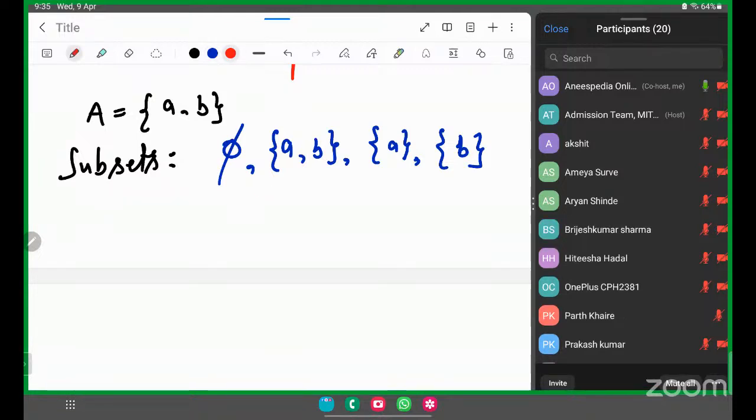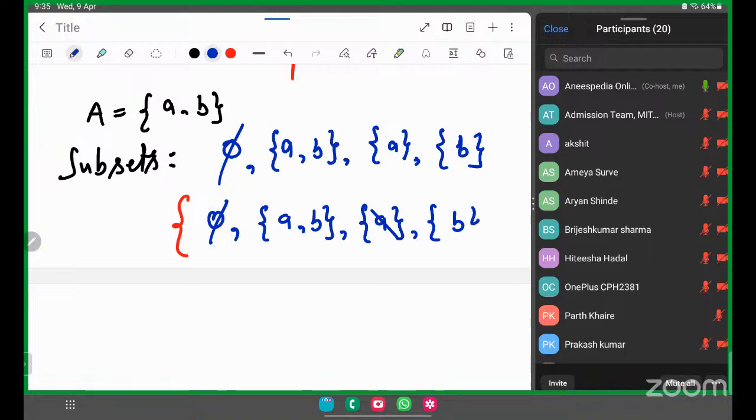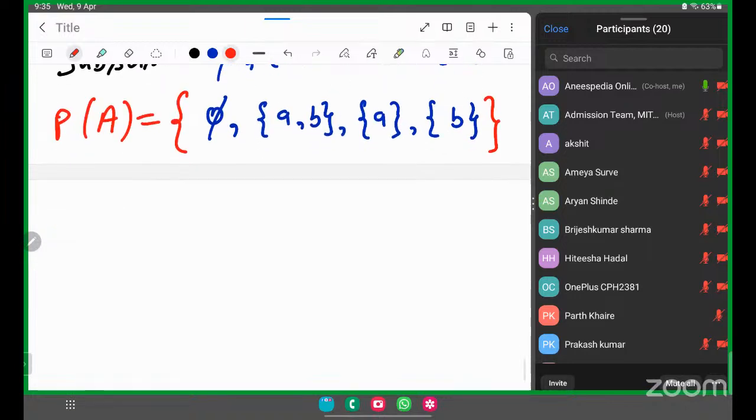These will work as elements or objects. So we will take a curly bracket, and in that we will put all the subsets: phi, {A, B}, {A}, {B}. This new set of subsets is known as power set of A. We will write it as P(A).